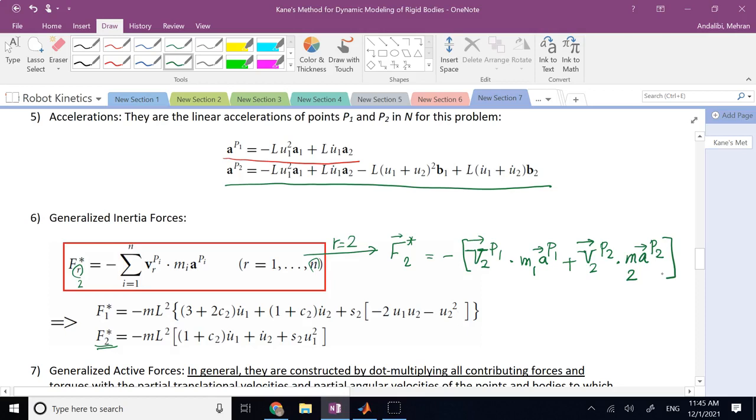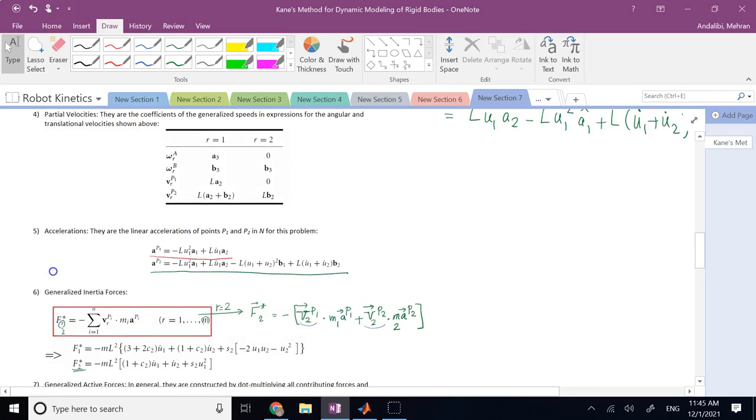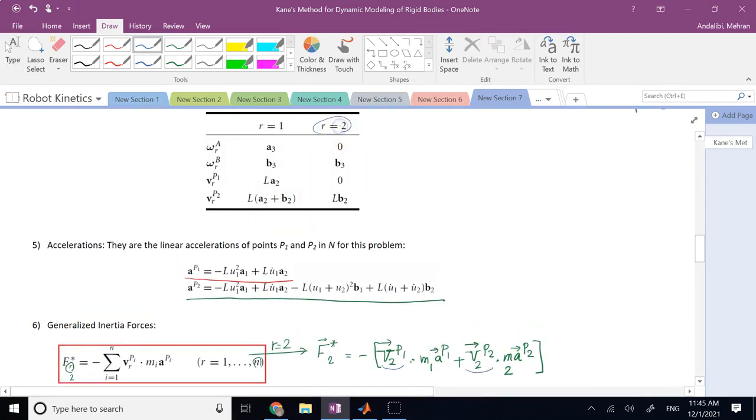Now, what do we get? Well, let's go ahead and find these partial velocity terms, V of P1, 2, and V of P2, 2, correct? We can find them from my table. So for V2, I have to go under R of 2, and one of them is V of P1, one of them is V of P2. So V of P1 for 2 is this guy. V of P2 for R of 2 is this one. So the first one is 0.